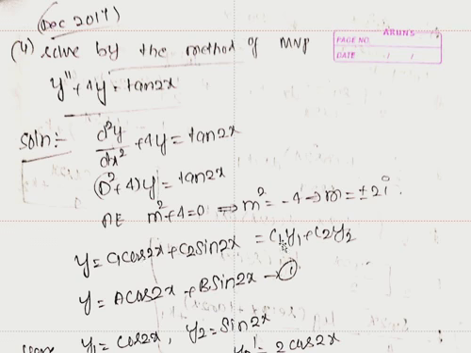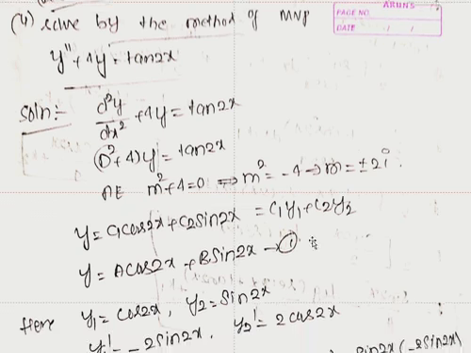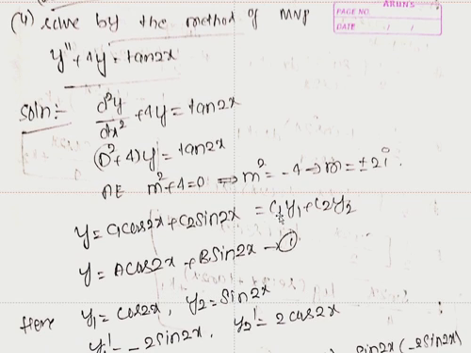I take this as y1 and this as y2, and replace c1 by capital A and c2 by capital B. Therefore y is equal to A into cos 2x plus B into sin 2x. Call this equation 1.